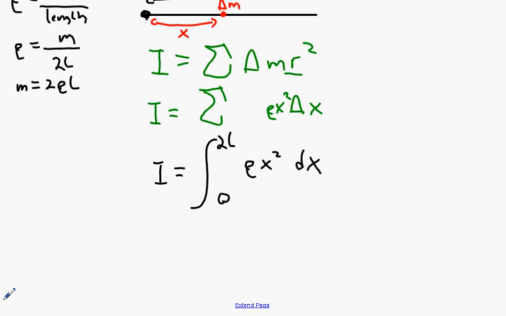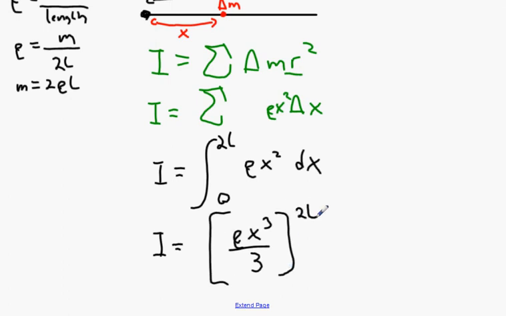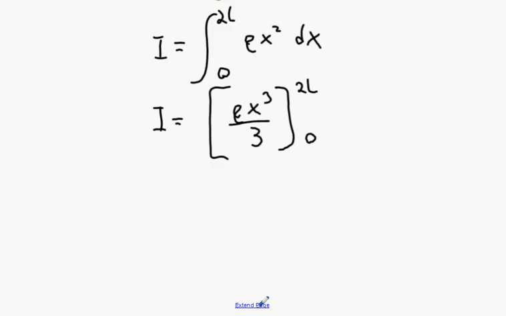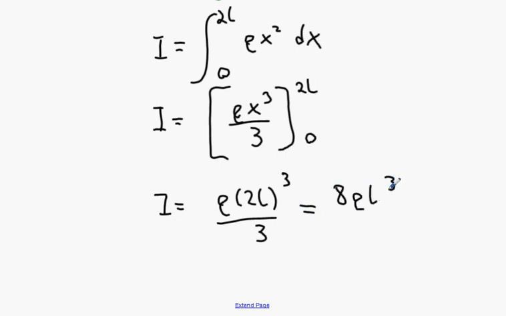Now all of a sudden, what we have here is I equals rho x cubed over 3, from 0 to 2L. Then integrate it, and it's going to be I equals rho 2L cubed over 3, which is 8 rho L cubed over 3.